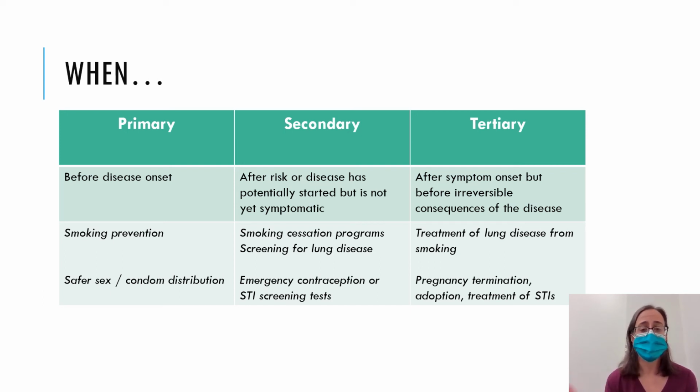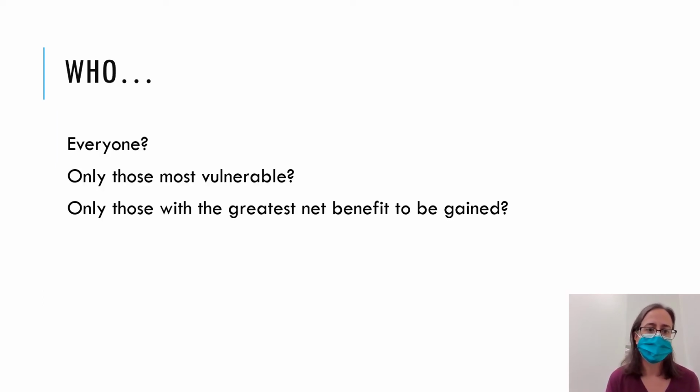Or if you had a pregnancy as a result of unprotected intercourse, right? You could terminate the pregnancy or choose adoption. Or if you ended up getting chlamydia and having pus dripping out of your private parts, then we could treat you for that infection. So that's what we mean by the when. At what stage in the potential progression of the condition are we intervening?